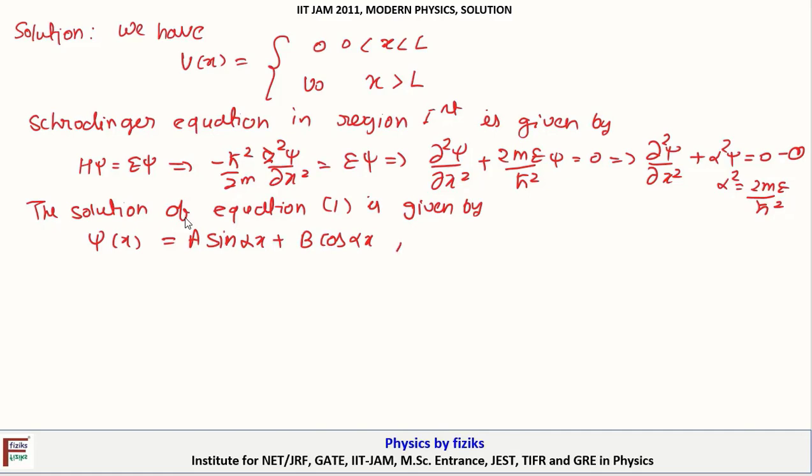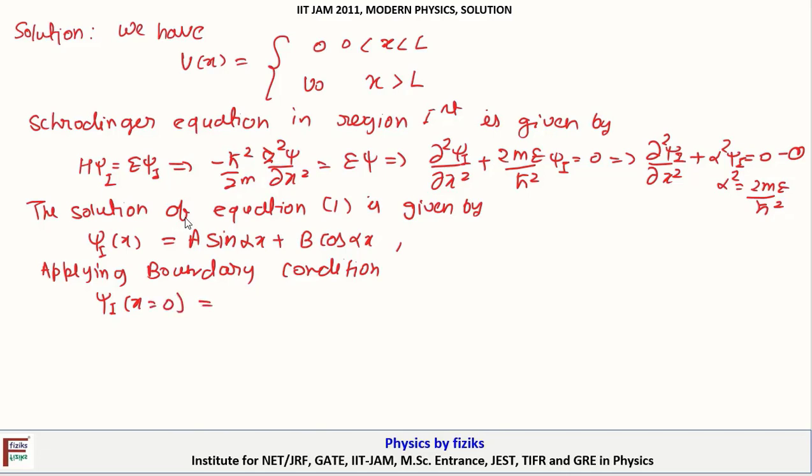Now applying the boundary condition, I would be writing psi first here. First boundary condition, psi first of x equals 0 would give us 0, which implies B equals 0. So our solution psi first of x would be A sine alpha x.